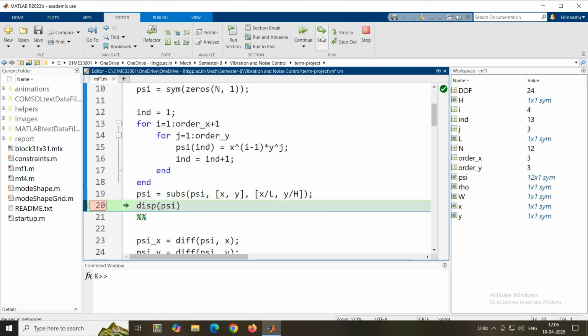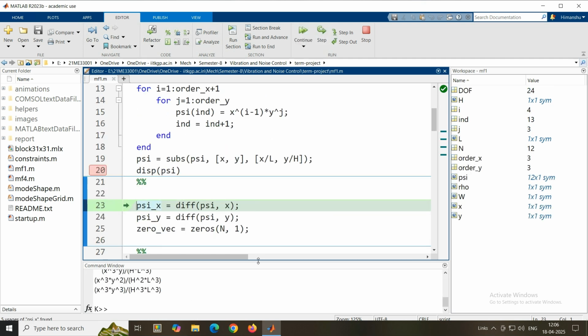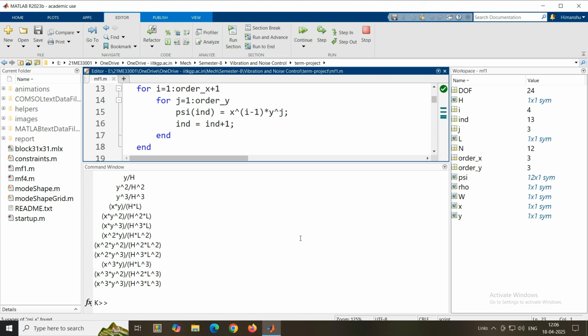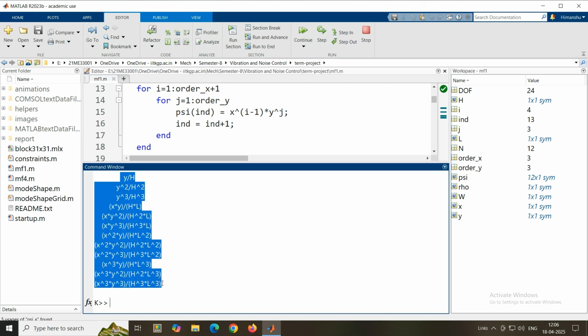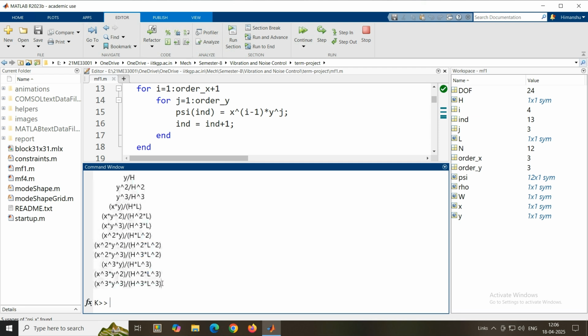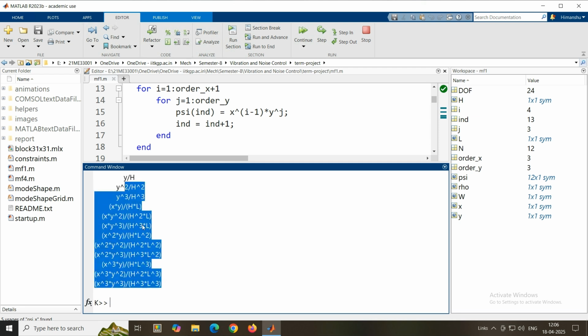I'll show these shape functions. Since the bottom surface is fixed, I must have y starting from y raised to 1, so that at y equal to 0, I always have 0 u and v.